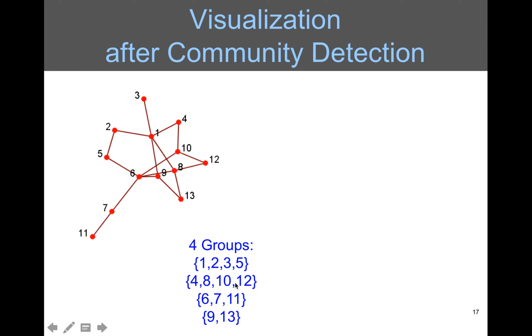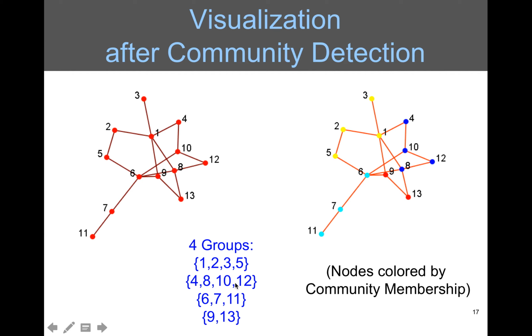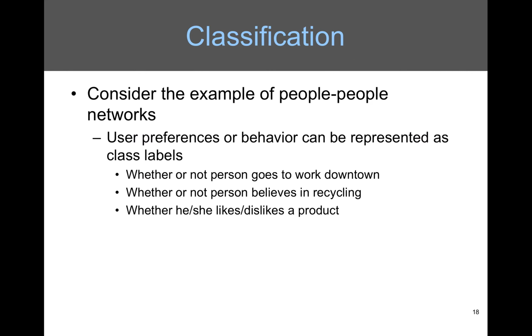You'll find these types of groups, and then you can color the groups by their community membership. So nodes 1, 2, 3, 5 are colored in yellow, and nodes 6, 7, 11 are colored in cyan, and so on. This is one simple way to visualize communities and how their link structure is exhibited.